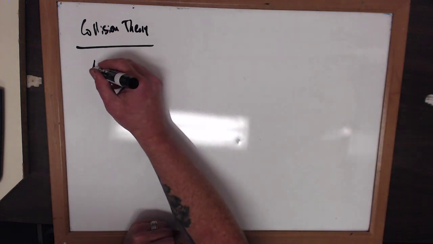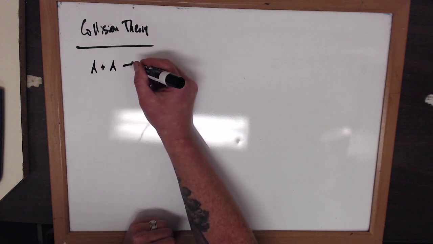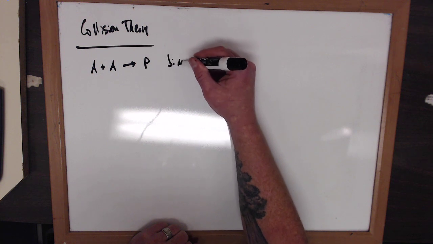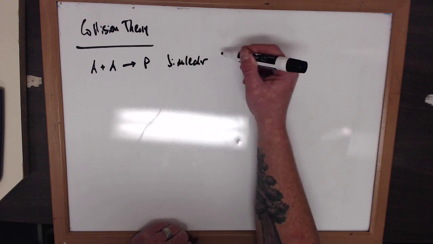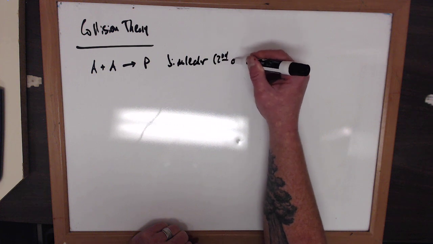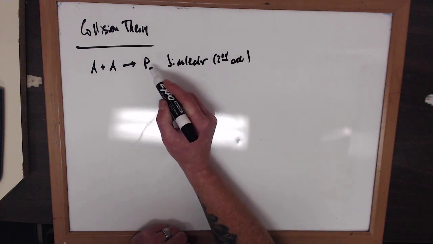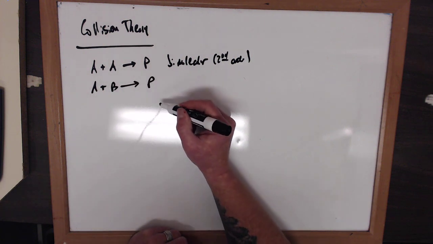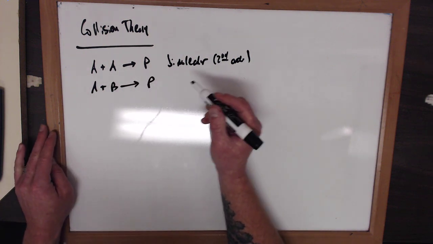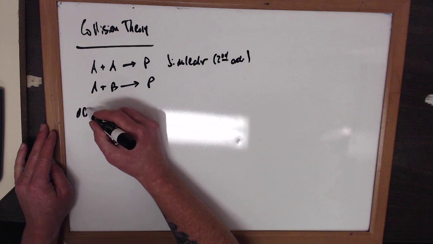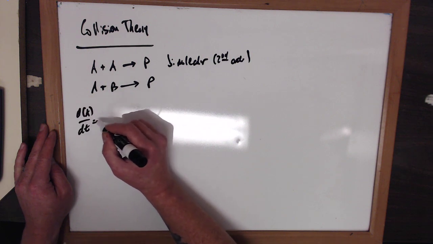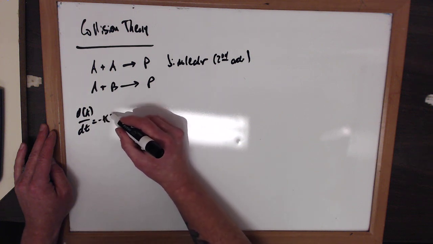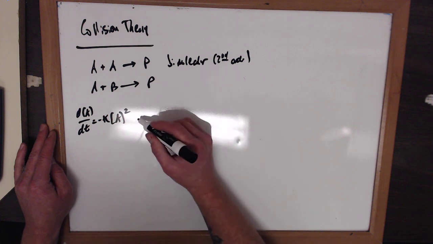And specifically, what we're interested in is how collision theory manifests in the bimolecular or second order reactions, either A plus A to go to products or A plus B to go to products. Or, of course, we recognize that then dA/dt for reaction 1 might be negative k times A squared.